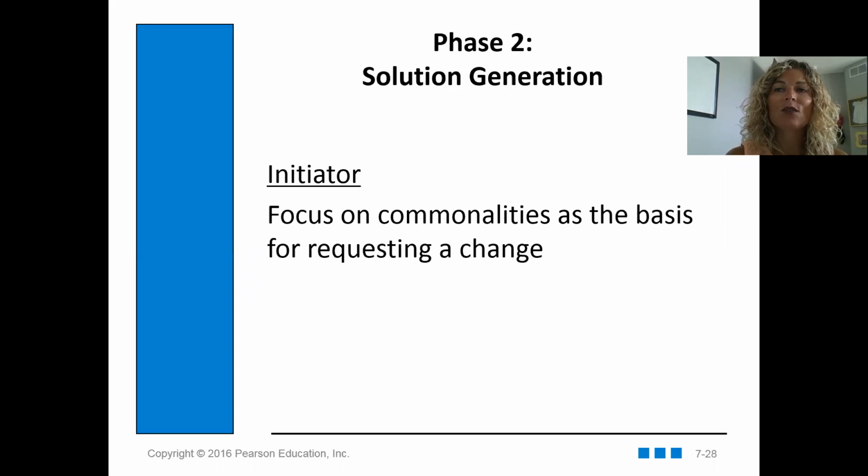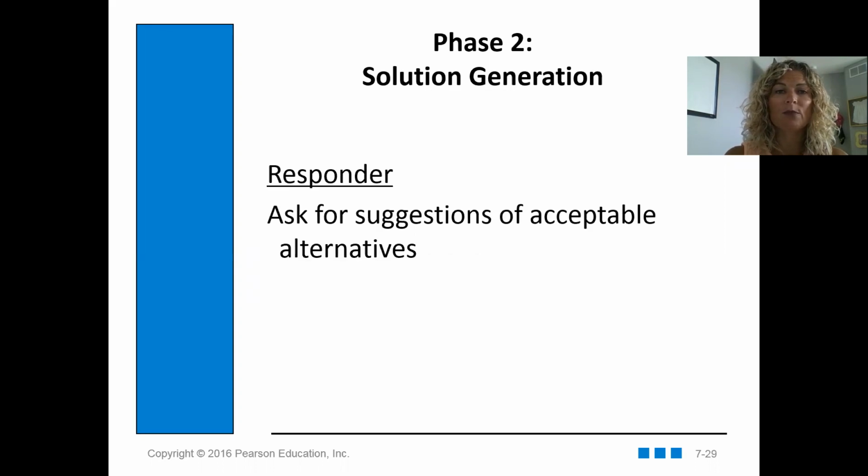Things that focus on those interests. Okay, and so we can come up with some really good solutions that weren't maybe the original solution I wanted, but it's a solution that focuses on my interest and on the other party's interests.